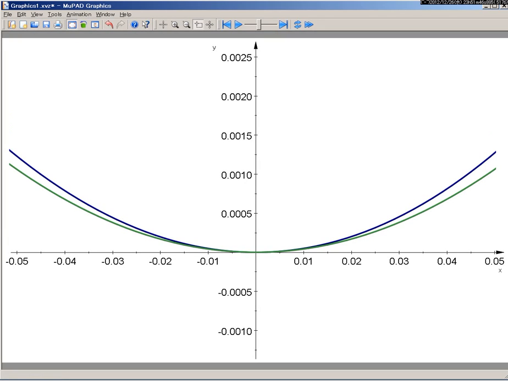Okay, so both curves look very similar to y = ax squared. It's not perfect, so we are going to magnify these graphs again.